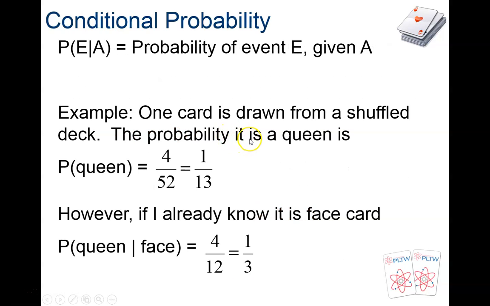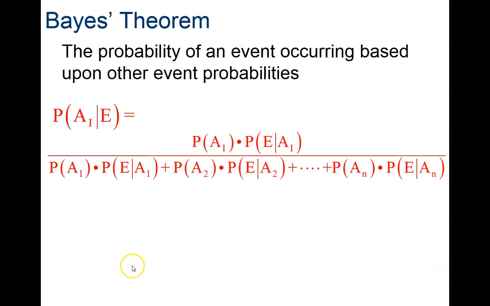Okay, conditional probability. We've already gone over that. So this is Bayes' theorem. This looks pretty nasty. It's not quite as bad, at least not the problems that you're going to see with Project Lead the Way, if you just take a little bit of a common sense approach to it.